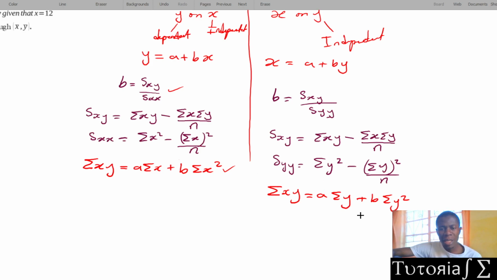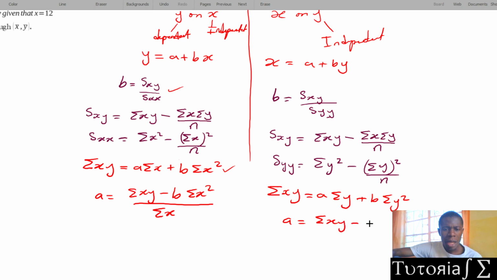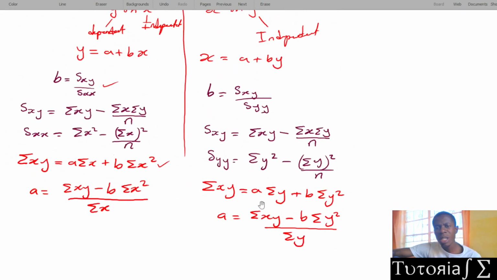To put it simply, here A is equal to summation of xy minus B summation of x squared divided by summation of x. Here, A is equal to summation of xy minus B summation of y squared divided by summation of y. So that is what you need, and you just replace in there.